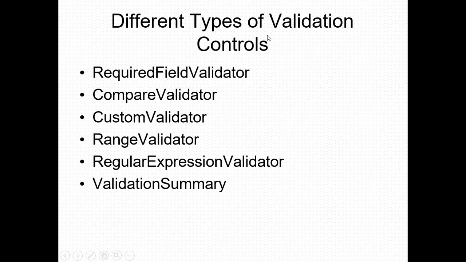These are the different types of validation controls: required field validator, compare validator, custom validator, range validator, regular expression validator, and validation summary. In this video we are going to discuss the required field validator control.